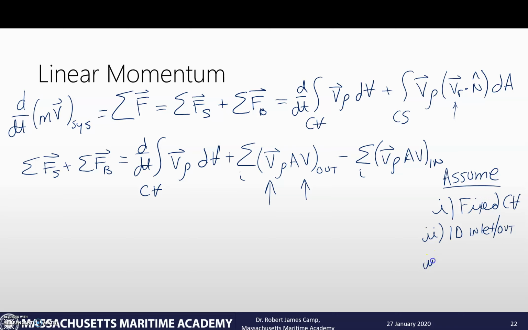And so for the last one, I'm going to make my favorite assumption, the steady flow assumption. What does steady flow do? That gets rid of the time-dependent parts. That part goes to 0. So what we're finally left with in our conservation of linear momentum equation is the sum of the surface forces.